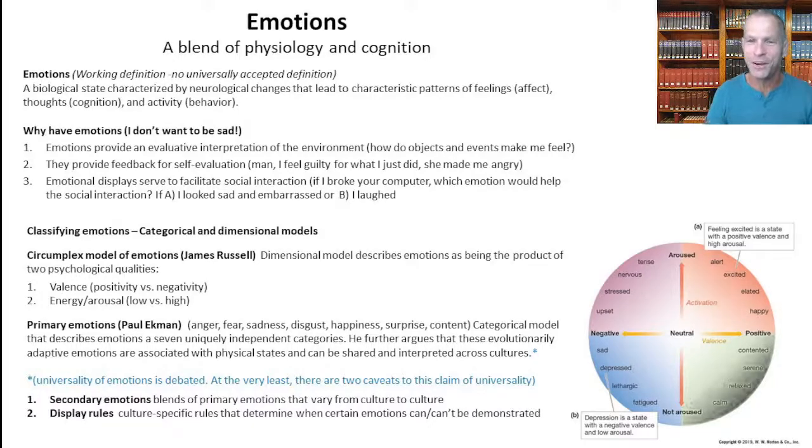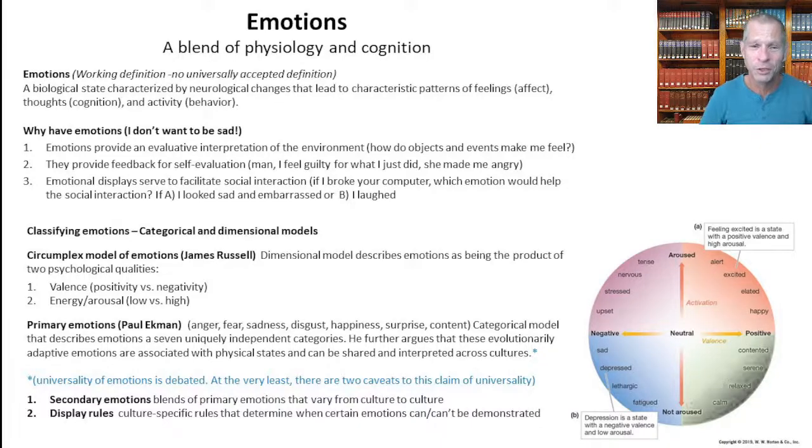You're upbeat, you're energetic, and you're positive. On the other hand, serene, relaxed, calm, those are positive emotions, but they are very, very low in level of arousal. And you can do the same thing over on the negative side.